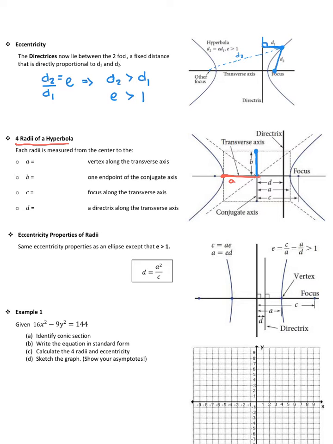It's not really a part of the actual graph. And then we have, of course, C. Here are my foci. That represents your focal radius. And then you have D. D is going to be the distance to a directrix. And again, you usually have 2 directrices, but we're only drawing 1 there. Okay, so you have what is called the transverse radii.